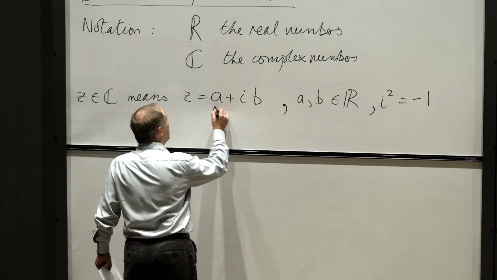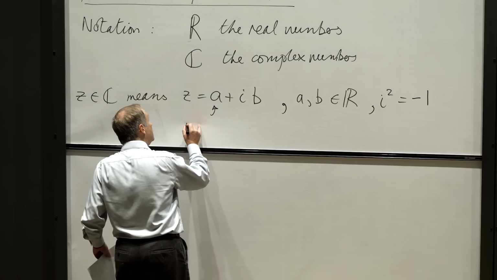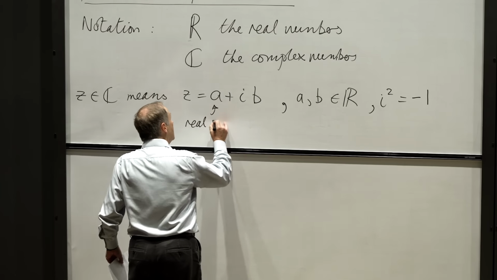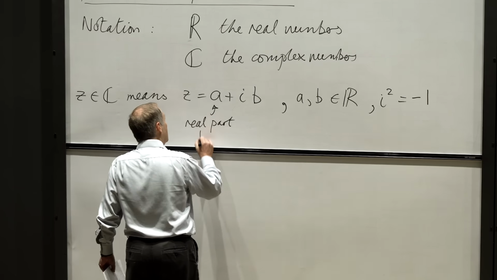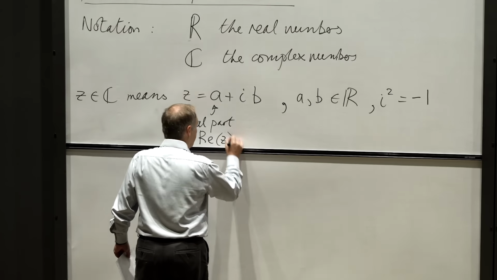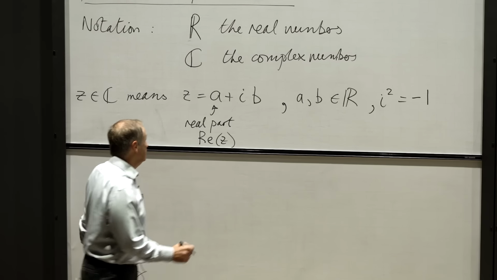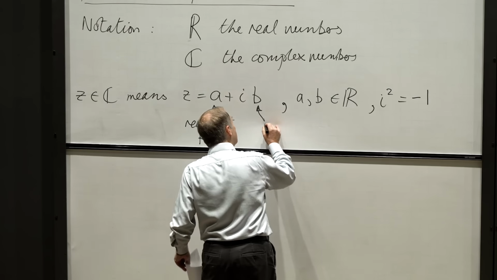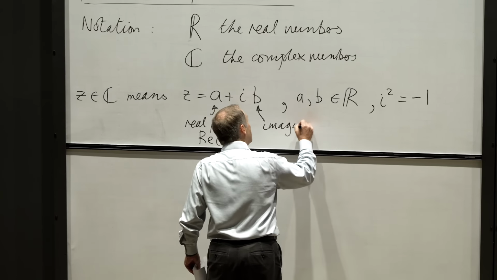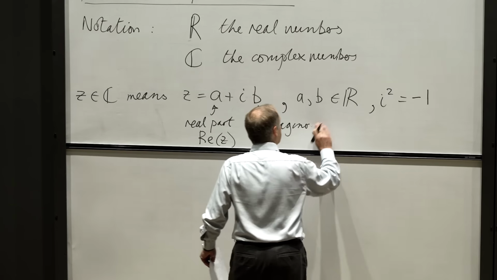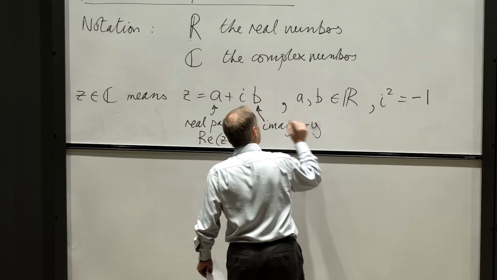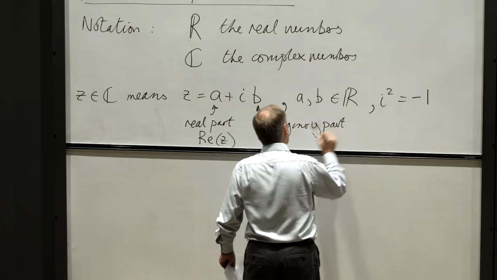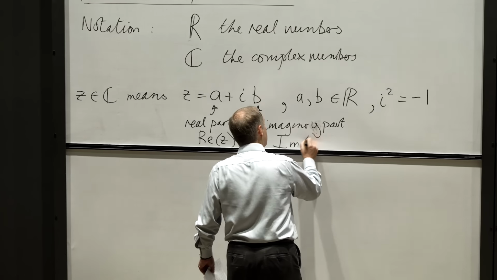This guy here is called the real part of the complex number, and we usually write it as Re of Z. And this real number here is the imaginary part, which you usually write as Im of Z.